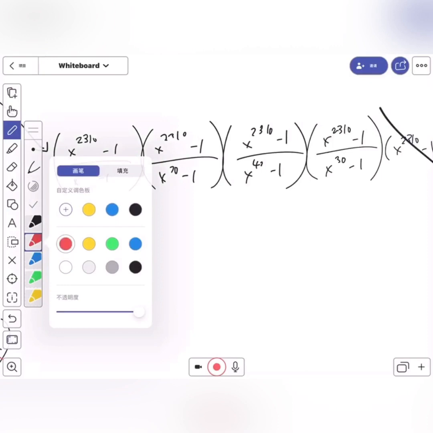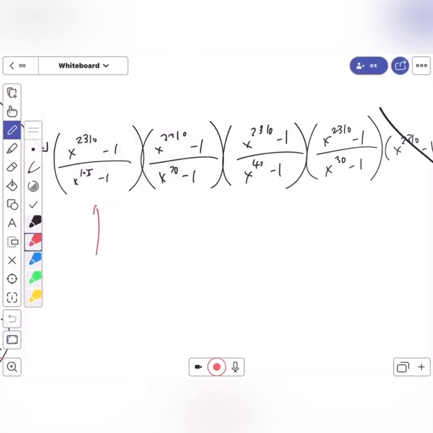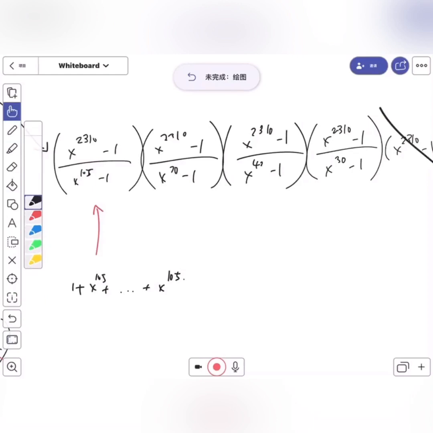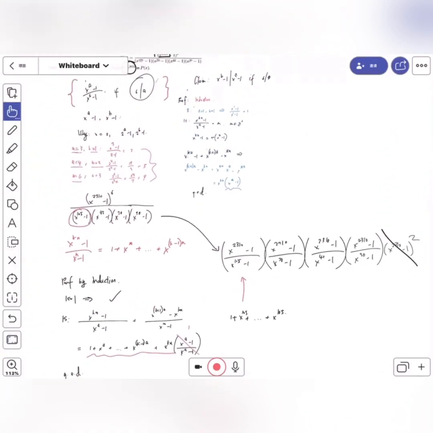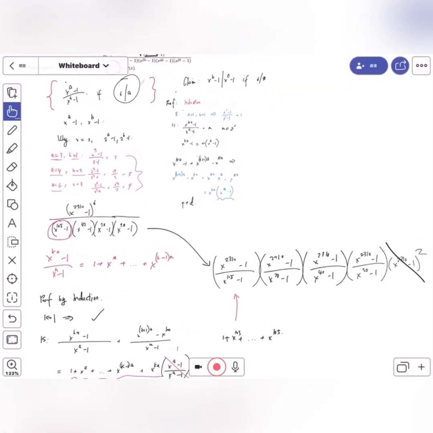So the first expression is just equal to 1 plus x to the 105 plus dot dot dot plus x to the 105 times (2310 divided by 105 minus 1).